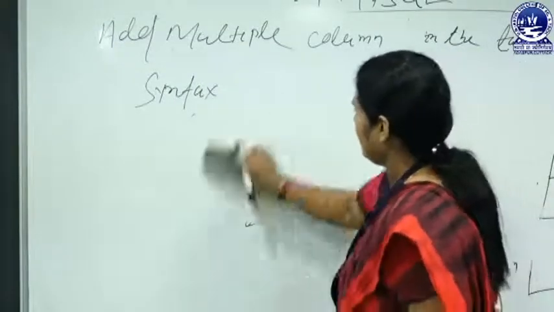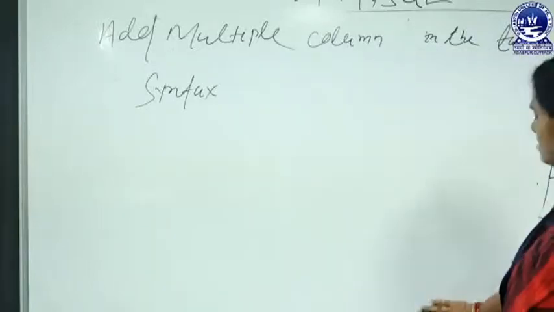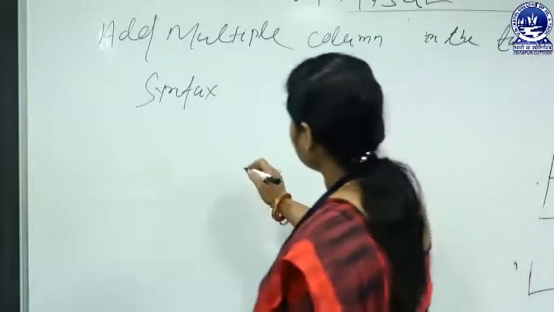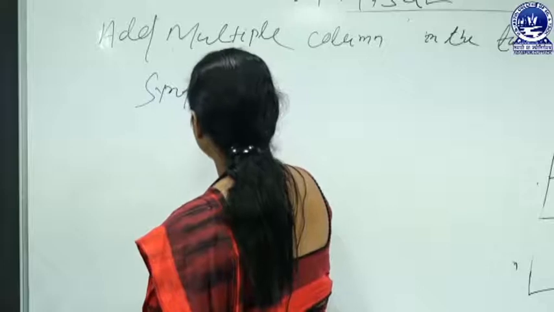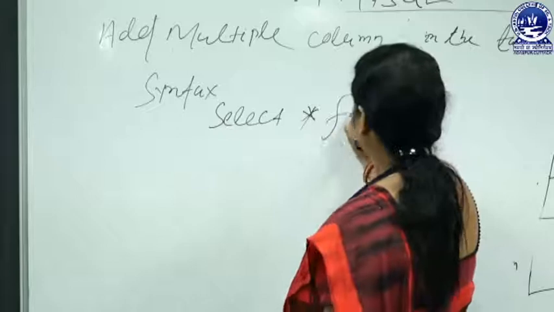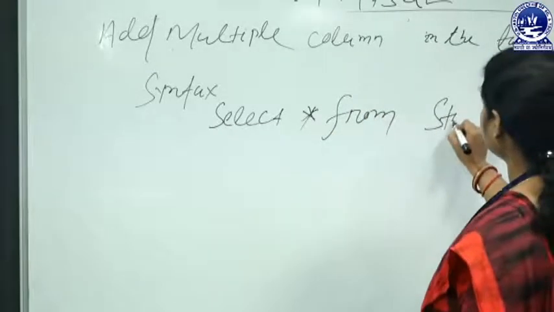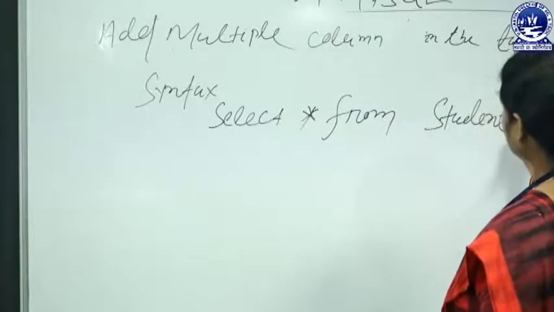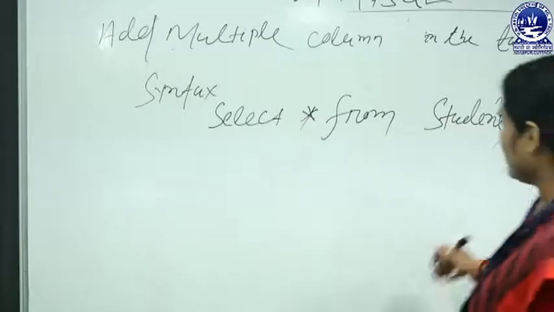By executing this command, the output will be as follows. To see the table, select star from student, semicolon. By using this command, it automatically displays all the information of the table.